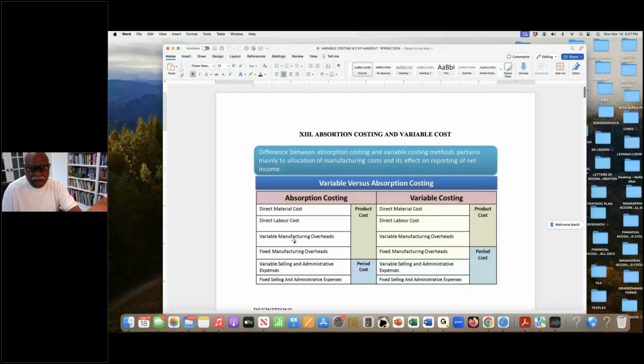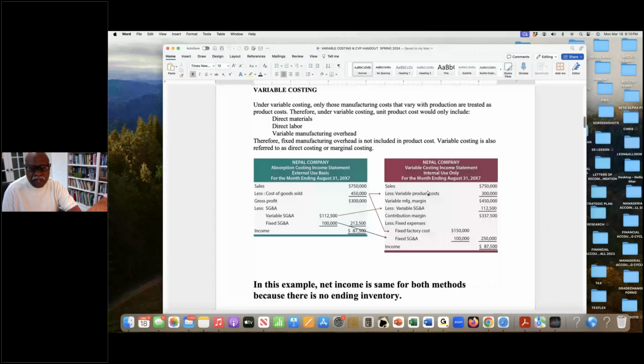But if we were doing a variable costing income statement, it would be sales less the variable product cost, the inventory cost, the variable manufacturing margin. It's a key term now, the variable margin. Sales less the variable product cost, less the variable selling and administrative expenses, the contribution margin.